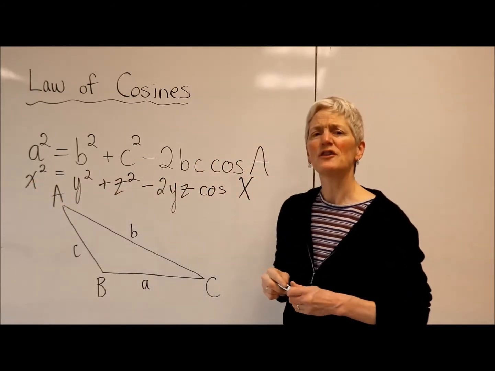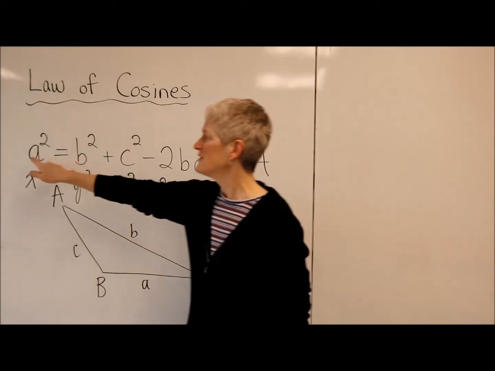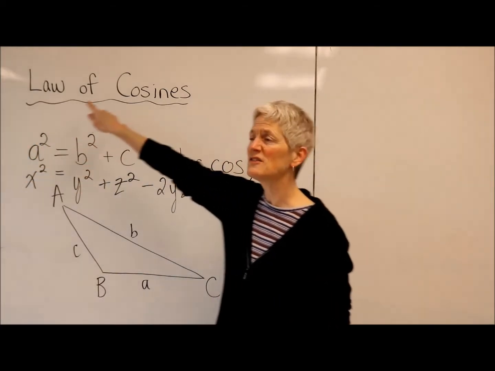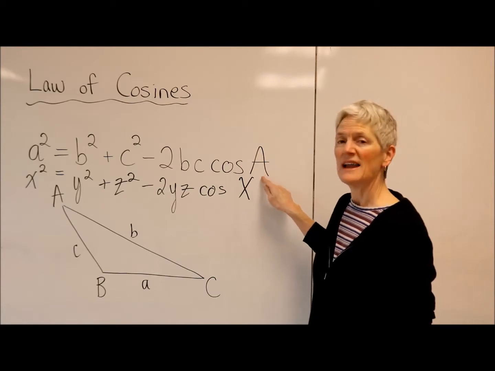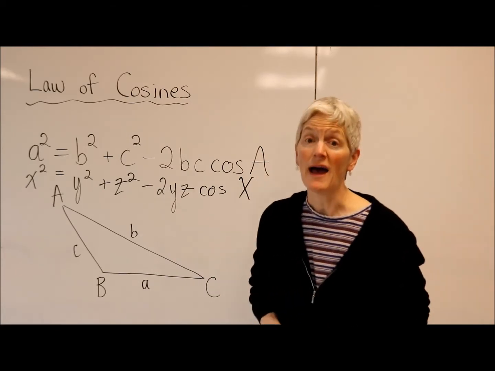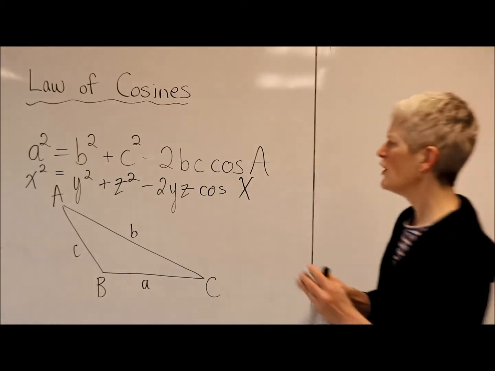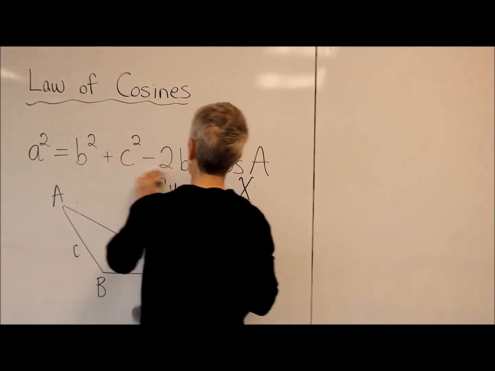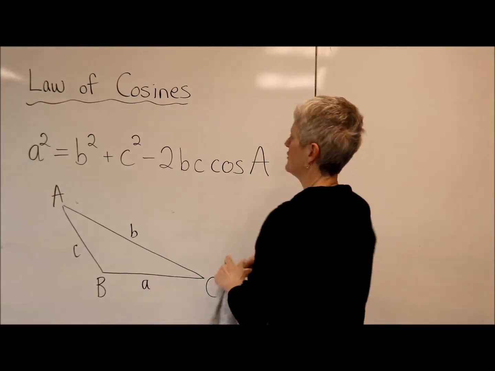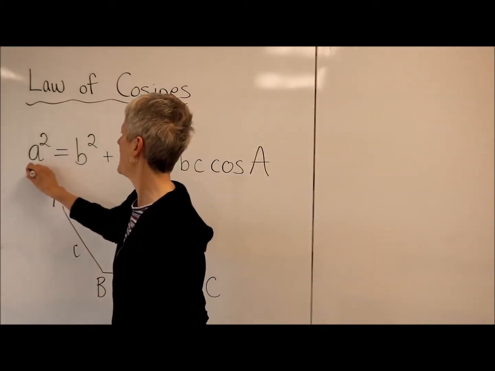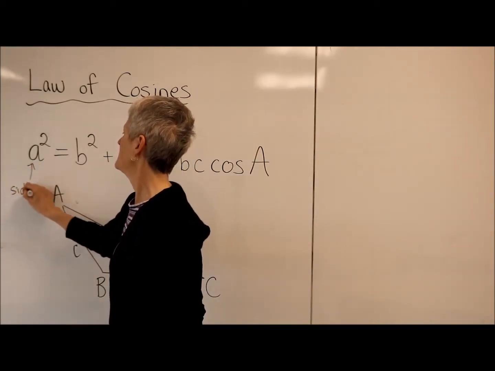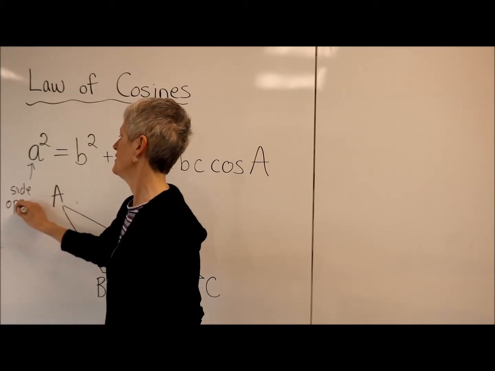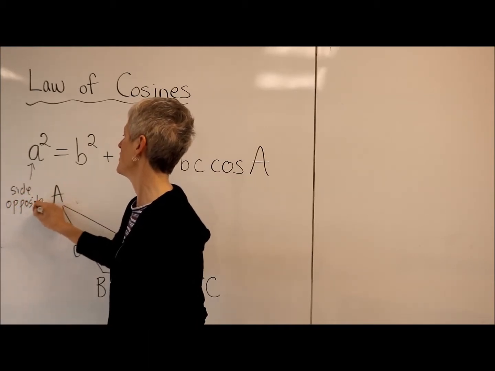The thing you have to know is that the side that goes here must be the side opposite whatever angle you have there. So don't get wed to the a squared being over there. Just remember that this is the side that is opposite the angle that you are working with.